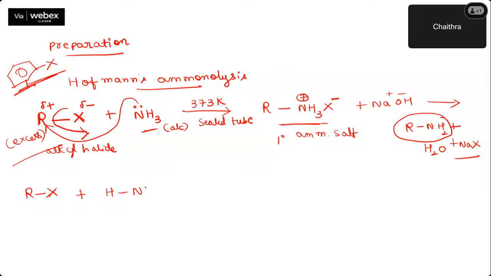No, right? Why can't you take it? Because it is not easy to cleave the carbon-halogen bond in the haloarene. Because of the partial double bond character as well as the sp2 hybridized carbon, you can't cleave the bond easily. Remember, alkyl halide alone you have to take.